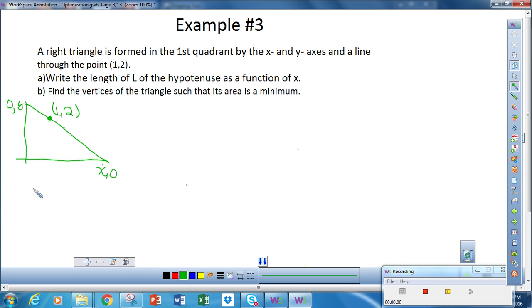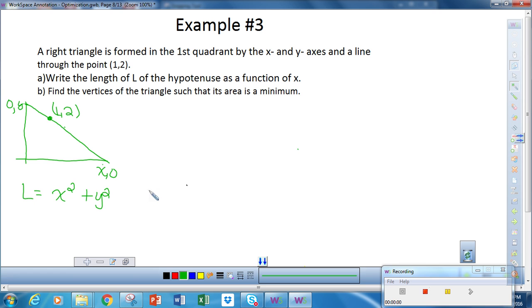So recalling the Pythagorean theorem, the length of this side would be x. The length of this side would simply be y. But they want us to write this in terms of x. So that means that we need to solve for y in terms of x.